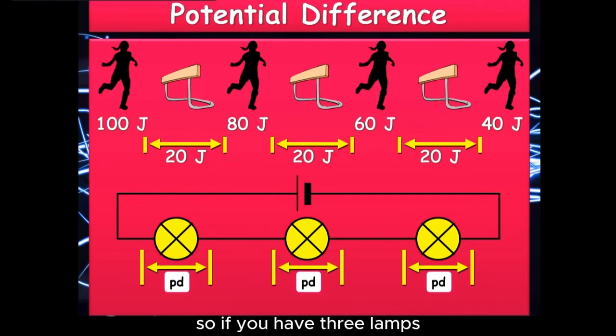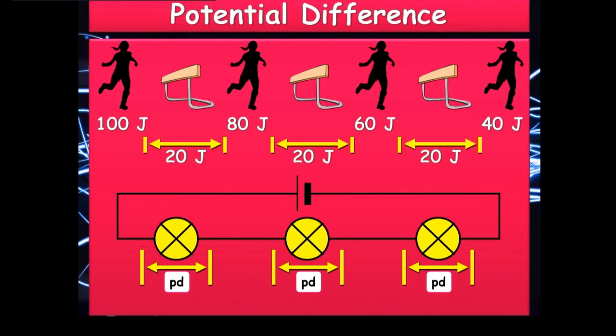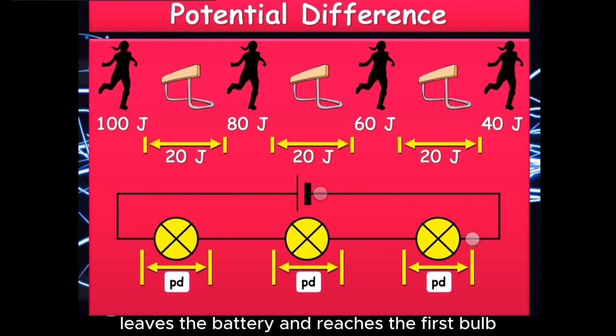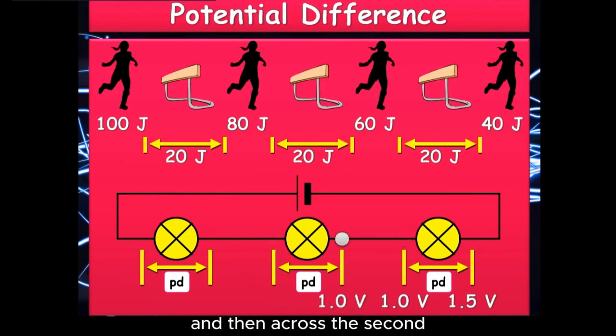If you have three lamps, three bulbs connected in series in a circuit, think of the electrons as these runners and think of these lamps as these hurdles. When an electron leaves a battery, it has some energy that it gained from the battery. But as the electron reaches the first bulb, it has to give off some of its energy across the first hurdle, the first lamp, and then across the second, and then across the third lamp.